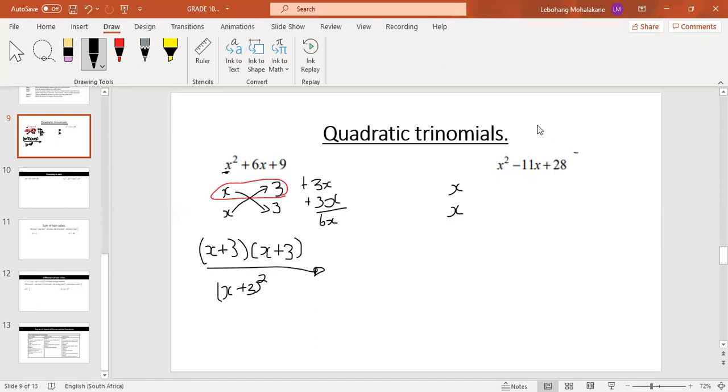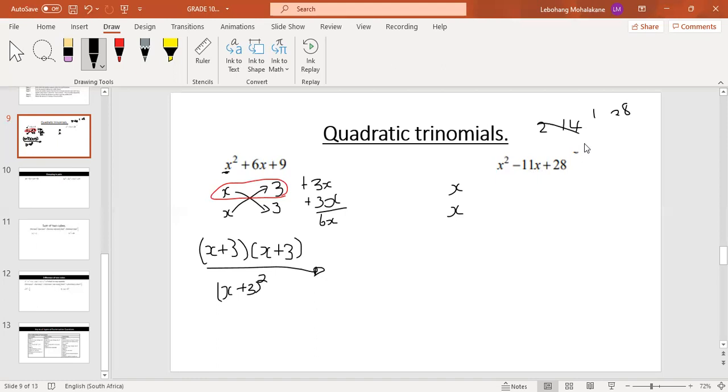We have 2 times 14, but if I add 2 and 14, I get 16. If I subtract, I get 12. So these ones are out. I can't use 1 and 28, because 1 plus 28 is 29, and 28 minus 1 is 27.